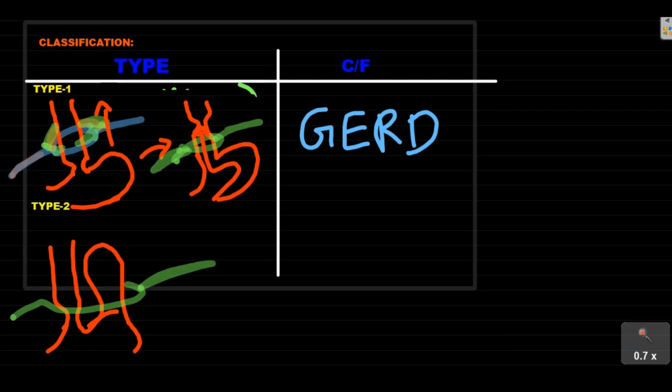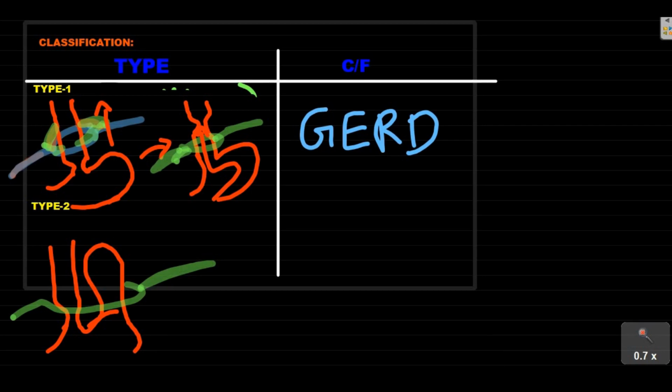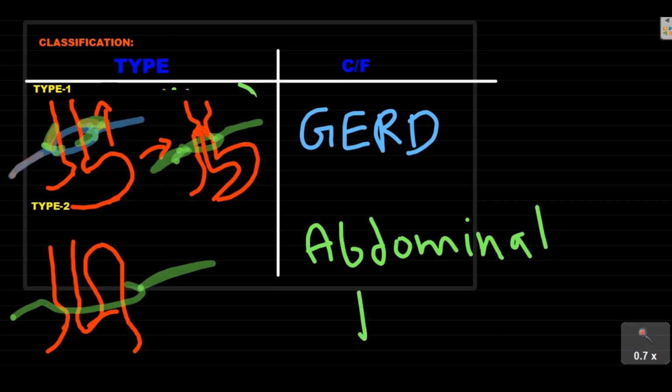Now, since the fundus is protruding out of the hiatus, it can result in ischemia, and we know that the stomach is well innervated, so it will present as abdominal pain. Another point to note is type 1 hernia is also known as sliding hernia, and type 2 hernia is also known as rolling hernia.